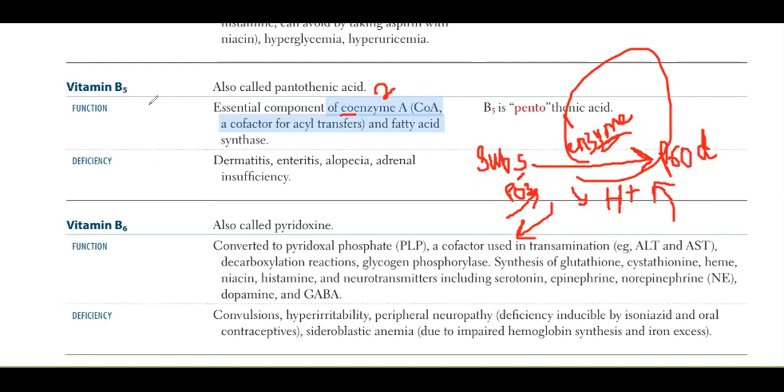What we studied is that there is choline coming, and that choline is converted to ACh by an enzyme called choline acetyltransferase, that is transferring the acetyl group to choline to form acetylcholine.